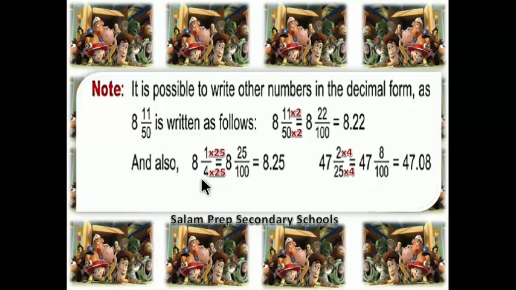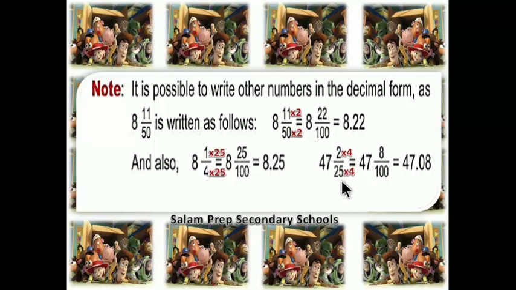Okay, so 4 times 25 equals 100. 1 times 25 equals 25. The mixed number is now 8 and 25 over 100. We can write it: write the decimal point, okay? Write the whole number 8 and then write the decimal part 25.